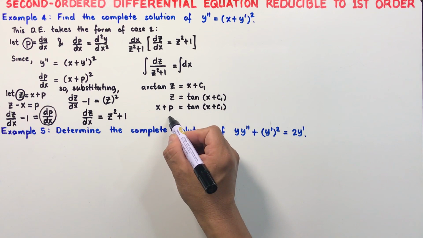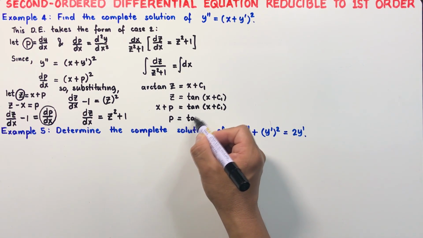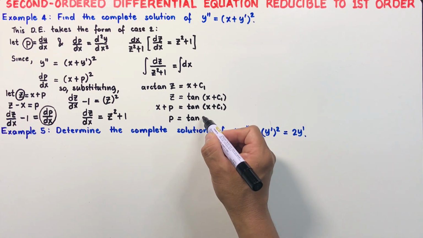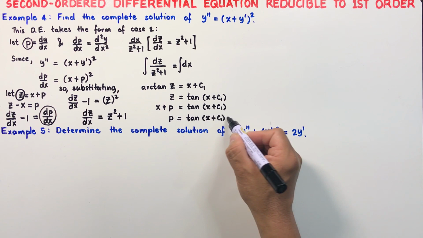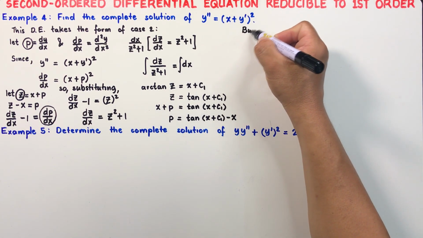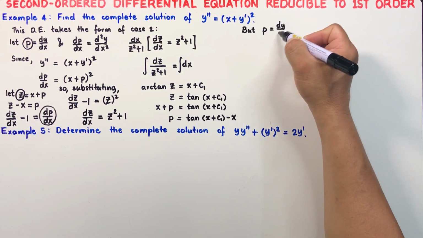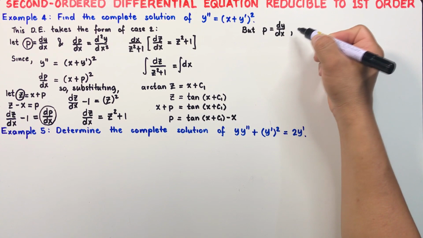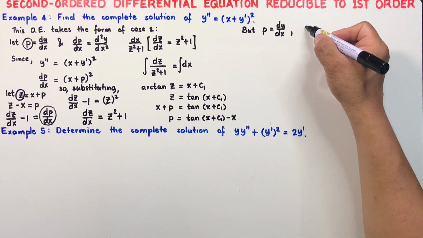So subtracting both sides of the equation by x, we have p equals the tangent of x plus c sub 1 minus x. But we know that our p is the derivative of y with respect to x. So we can substitute it here for our p.